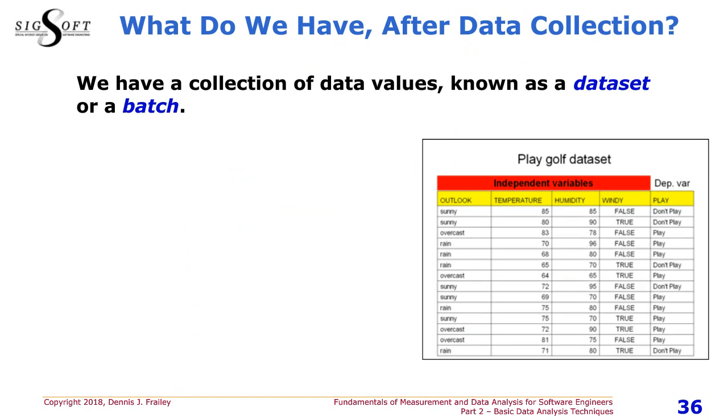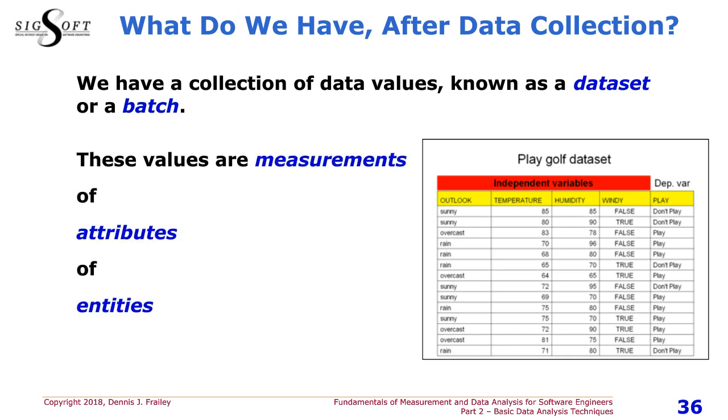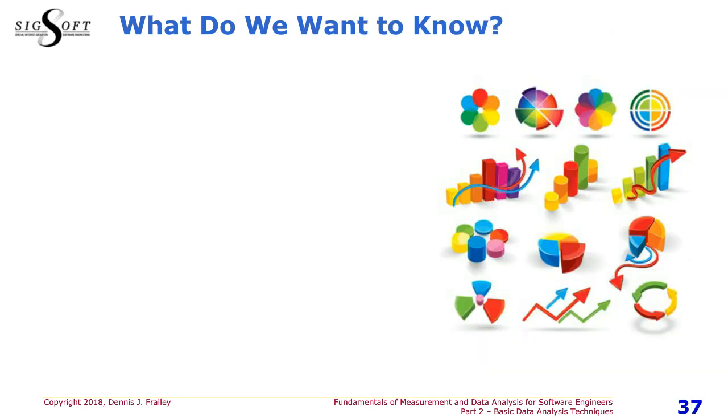Here's an example. Some people are doing something to do with when to play golf, and that's a bunch of data. It's called a data set. What these data are, they are measures of attributes of entities. I've used those terms before, and I'm going to explain what we mean in a moment.